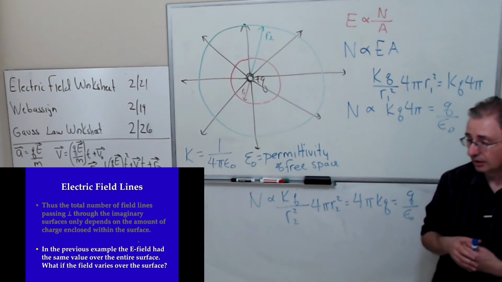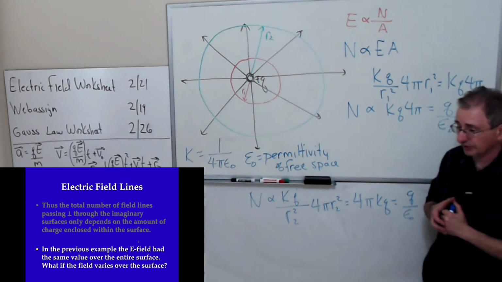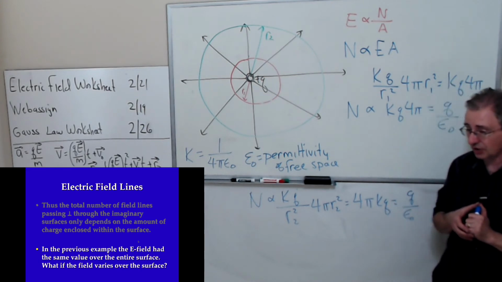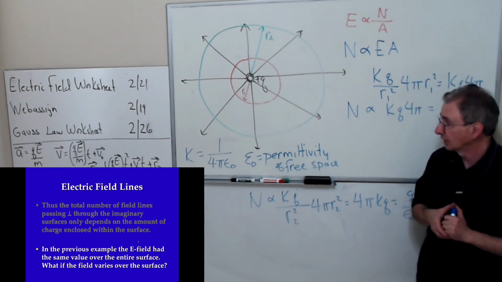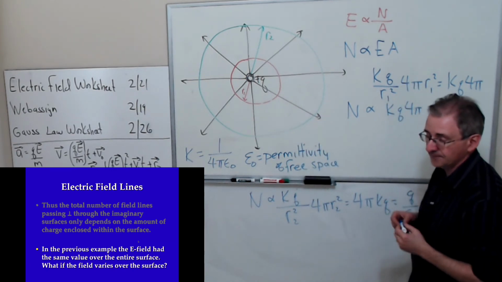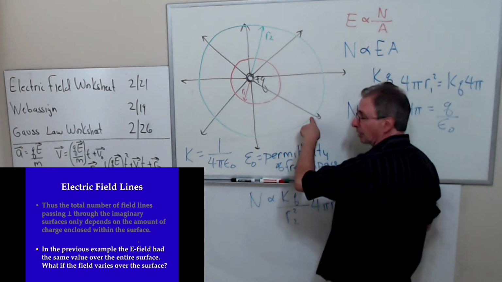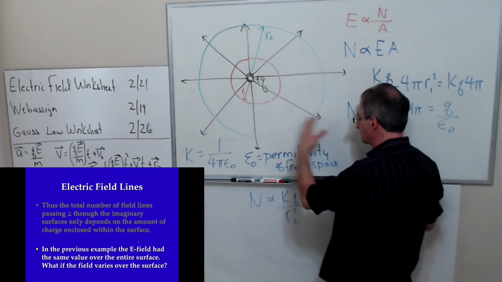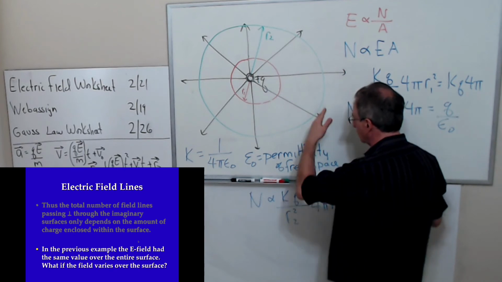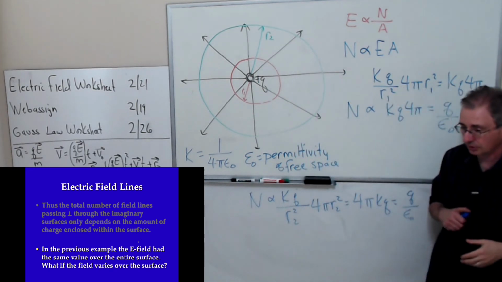So again, the total number of field lines passing perpendicularly through the imaginary surface only depends on the amount of charge that's enclosed within the surface. Notice that these field lines are all passing perpendicular to the surface. If these lines had a component that was tangent to the surface, that component will not penetrate the surface.